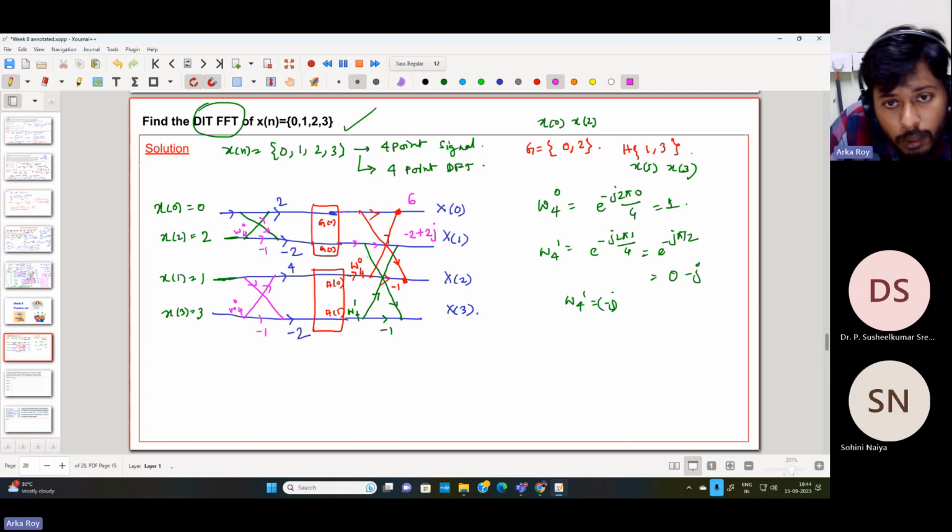Followed by that over here for x2. So here 4 is coming, then 4 is multiplied with 1, and over here 2 is coming, so it is -4 plus 2. So this is -2.